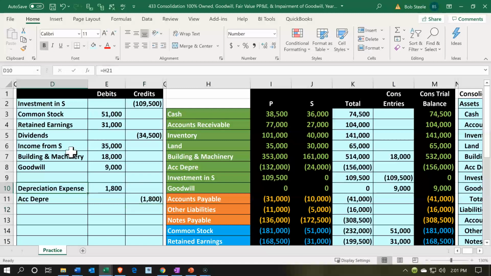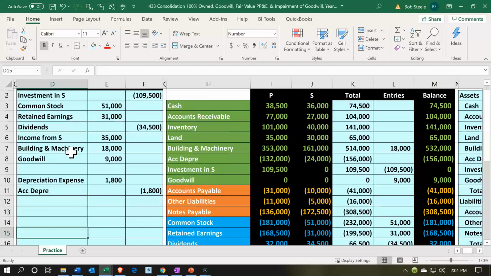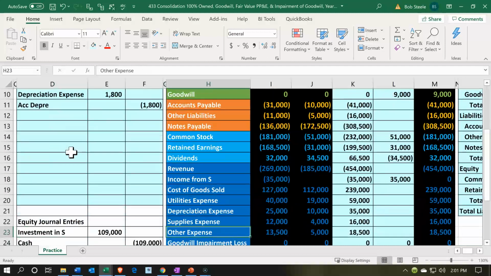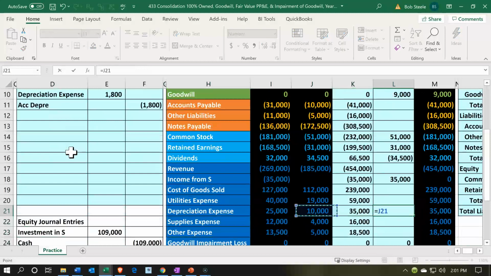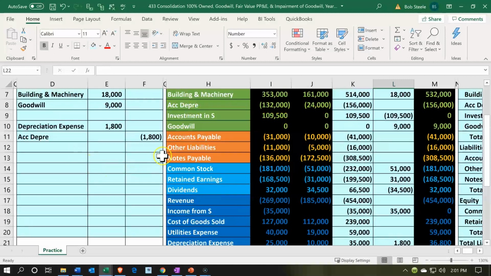All right, so then we're going to record that. Depreciation expense down here is going to be debited. So we will debit the depreciation expense, increasing that, and then we're going to credit the accumulated depreciation. Okay, so there we have that.